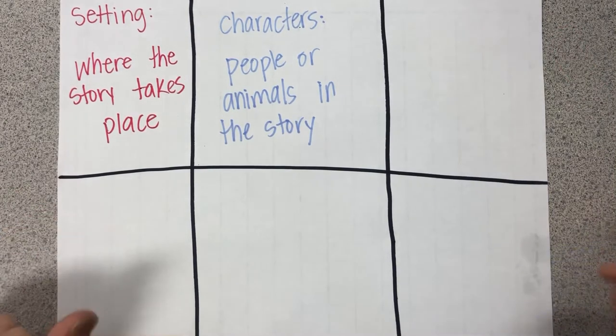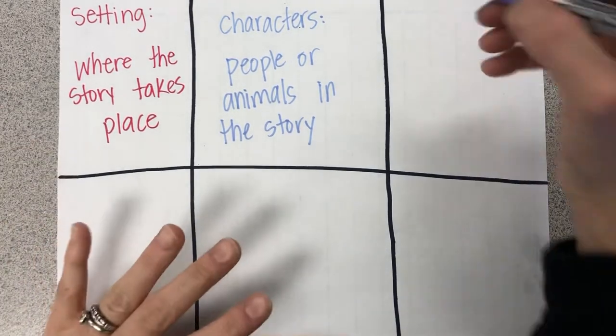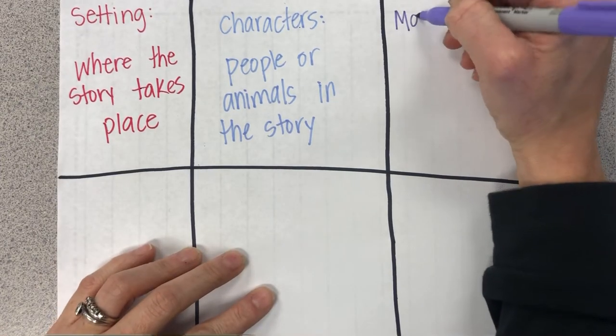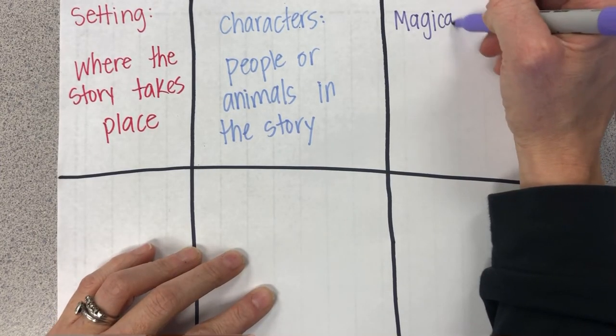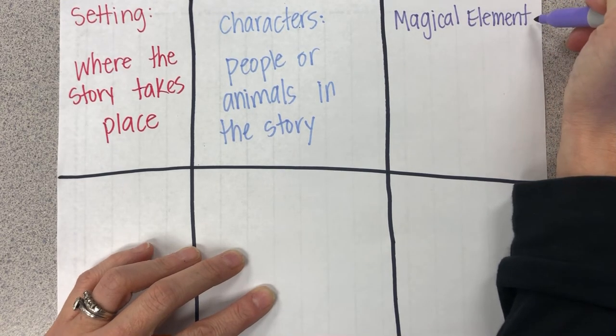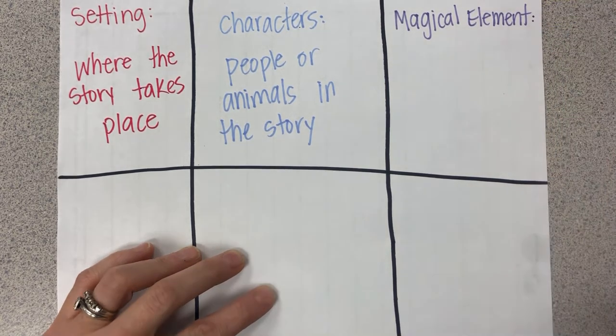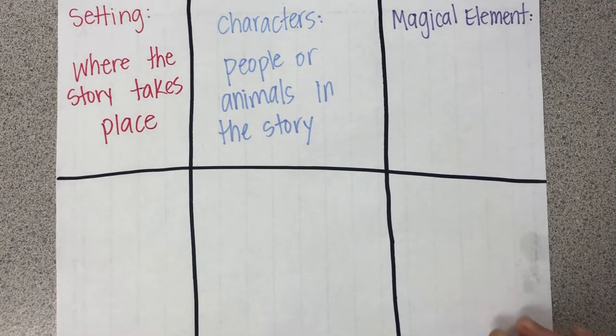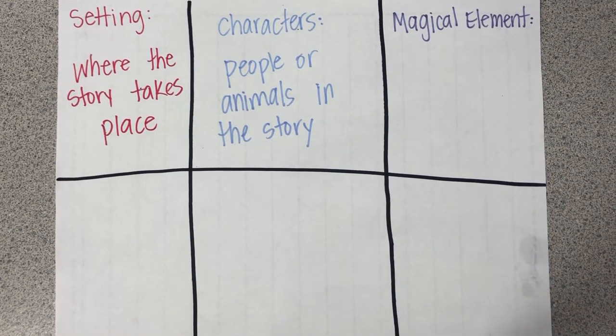characters. All right, the next thing we're going to look at is that most fairy tales have a magical element. So in Cinderella, you have the fairy godmother, and she waves her wand and she turns the pumpkin into a carriage and the mice into the horses, and so there's some magical elements there in the fairy tale.